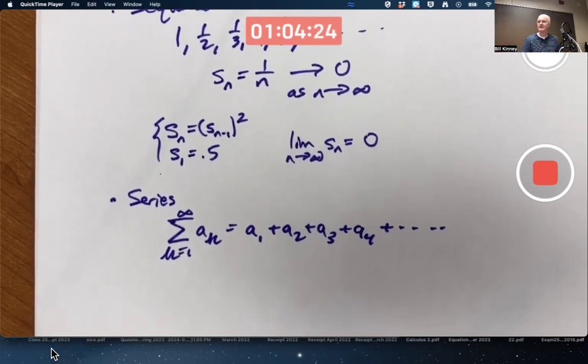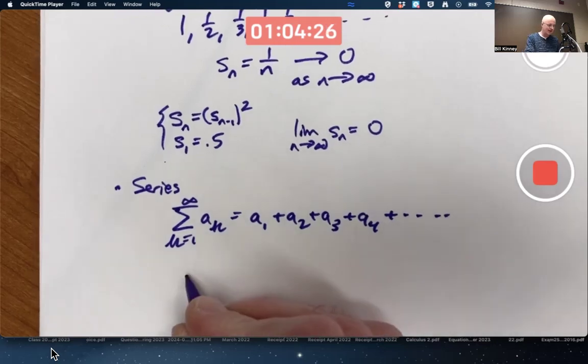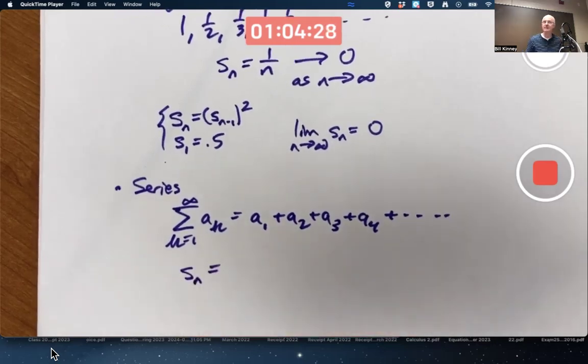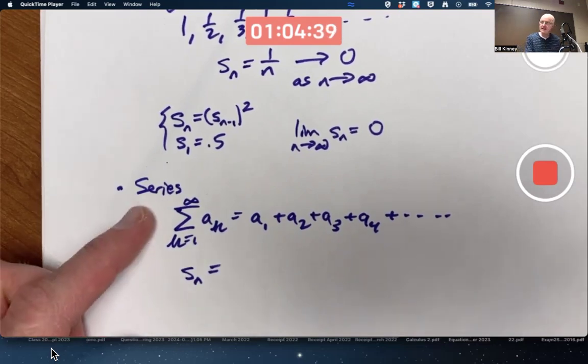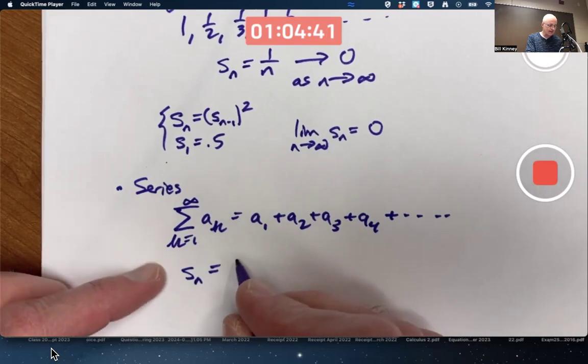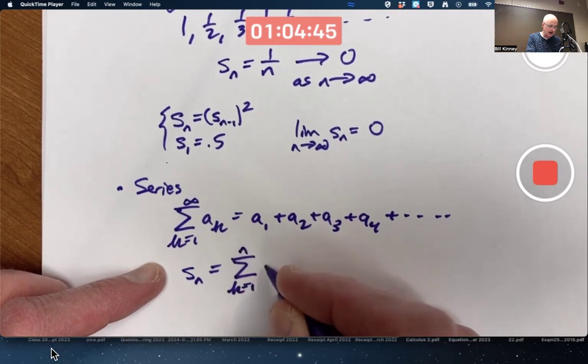How do I make this rigorous? This is really key, and lots of people have trouble with this. You have to relate it to sequences and what it means for sequences to converge. When you're talking about an infinite series like this, you create the sequence of partial sums, which represents finite sums, not infinite sums.